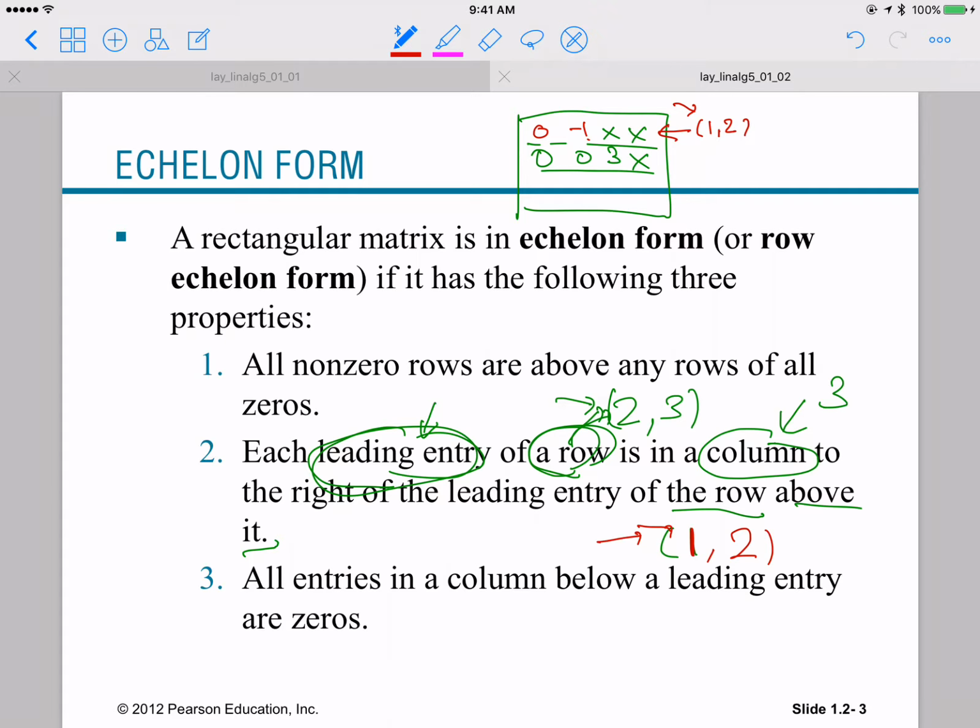Then this column index should be to the right of the leading entry of the row above, which means this third position should be on the right-hand side of the leading entry in the second column.